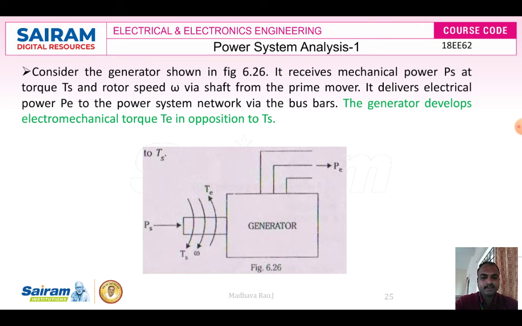Here we can see in this figure how TE and TS are represented. Both are opposite to each other. A synchronous generator generally delivers electrical power PE to the power system network via bus bars and transmission lines. The generator develops an electromechanical torque TE, which is opposite to TS.